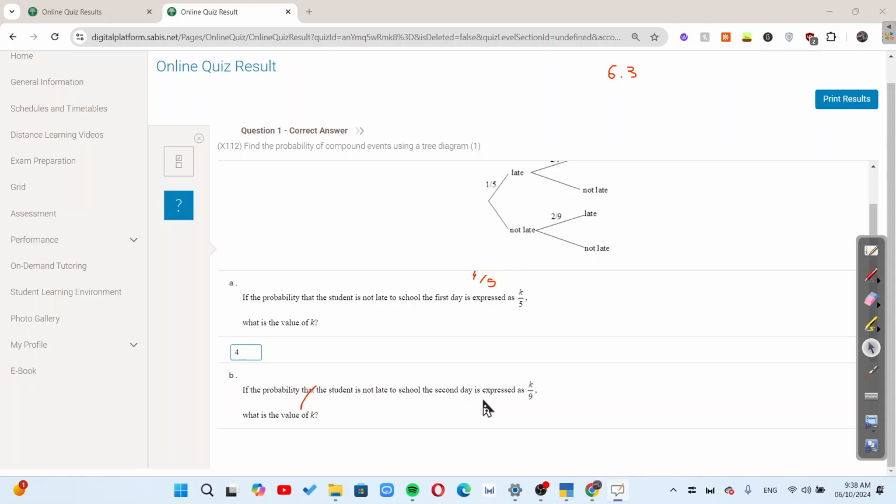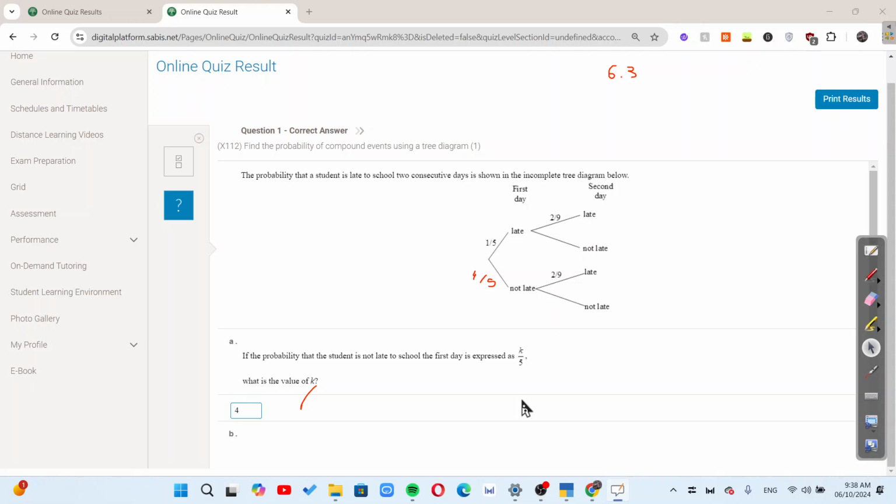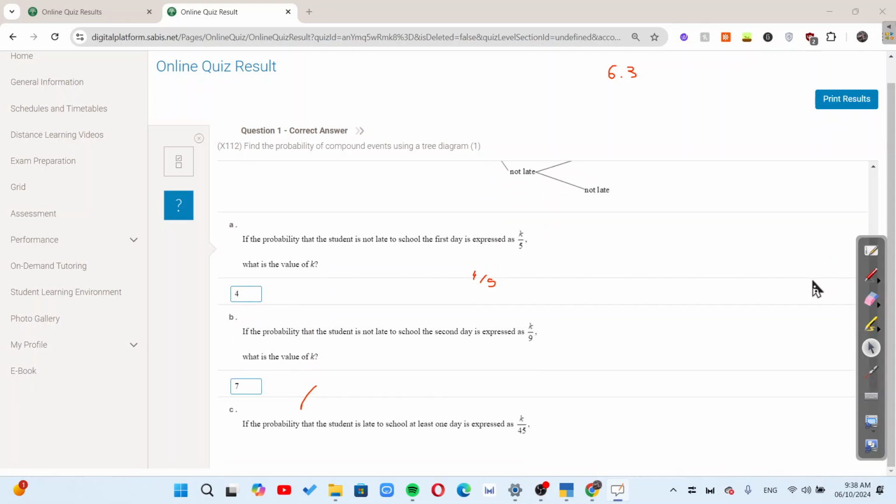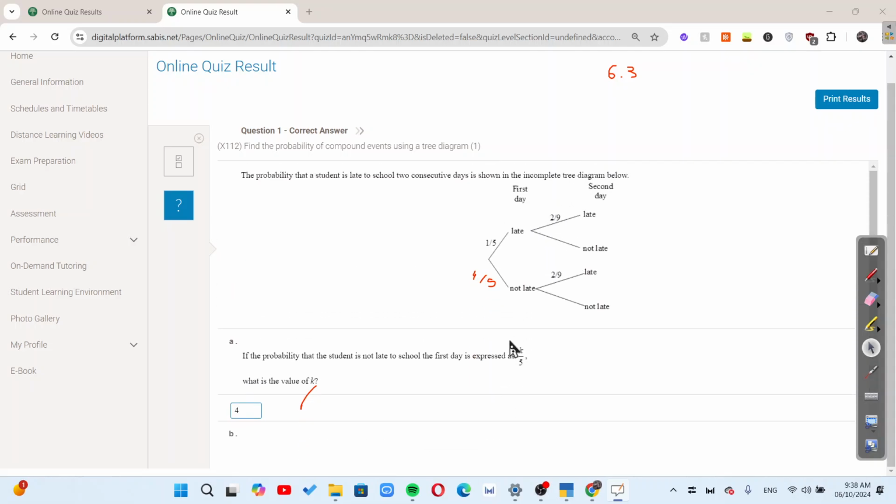Now, the probability that the student is not late to school on the second day is k over 9. So what's the probability that he's not late to school on the second day? Okay, yeah.